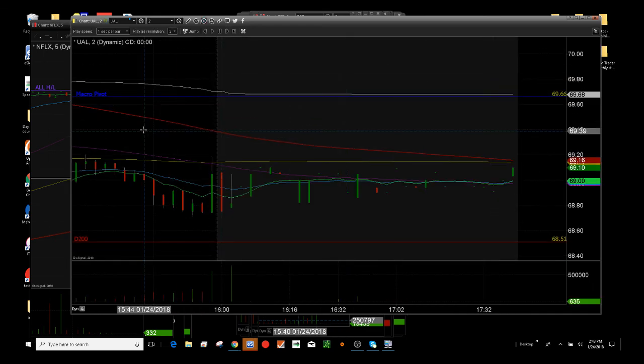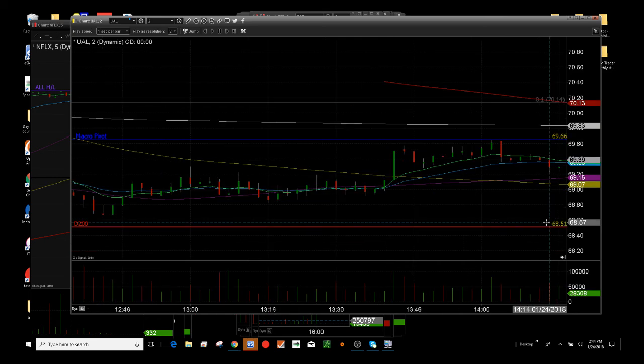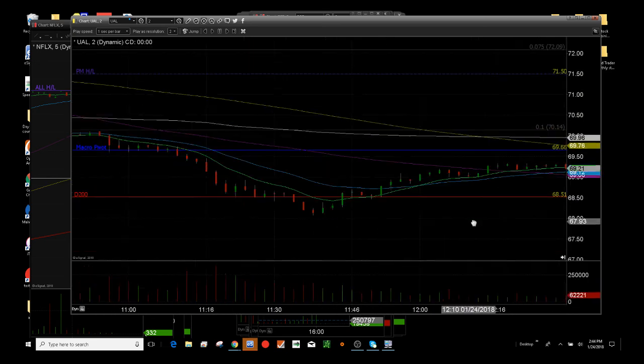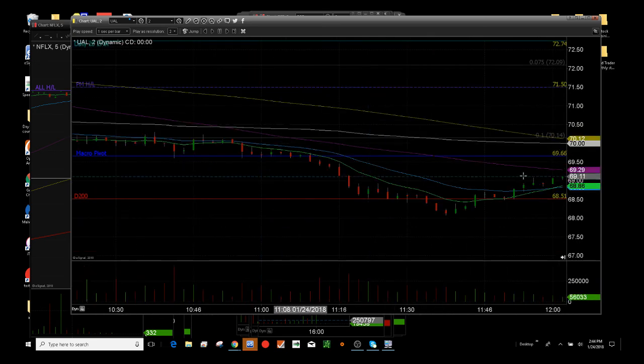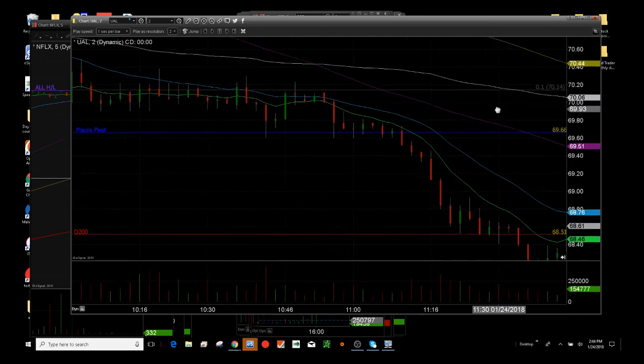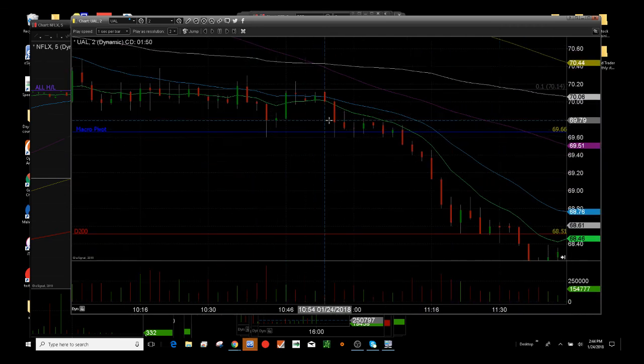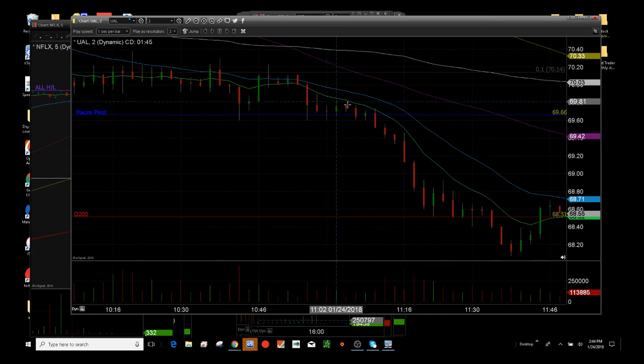So once again, as you get tight into that, if you get really close to that area, this is where you want to switch to that 2-minute chart. Can you see the 2-minute chart looks so much weaker through here? And you do get a good entry on the 2-minute chart right here.